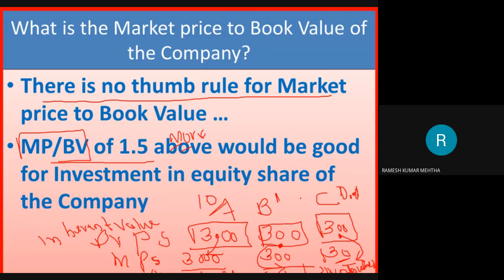The scope for appreciation is very high, and the probability attached to it is also very high. So this is to be taken for investment purpose, because this is overvalued with price to book value of 10 times, this is optimally valued, and this is undervalued. The less the market price to book value, the more you should invest in the company. Hope you have understood it.